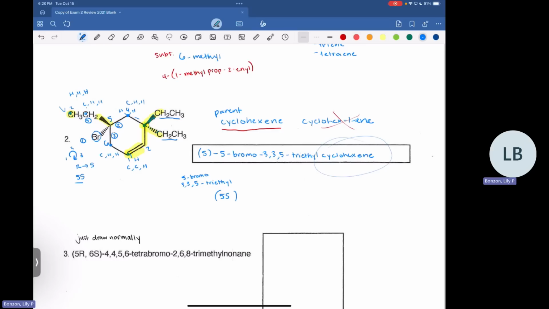So for anybody that didn't hear, James was saying, I couldn't think of the right word. The priority is based on the atomic number. So going down, you have higher atomic numbers, but that's the official definition. You're never going to do E and Z when it's in the ring. If it's in a cyclic compound, you don't do E and Z. Only for linear chains.